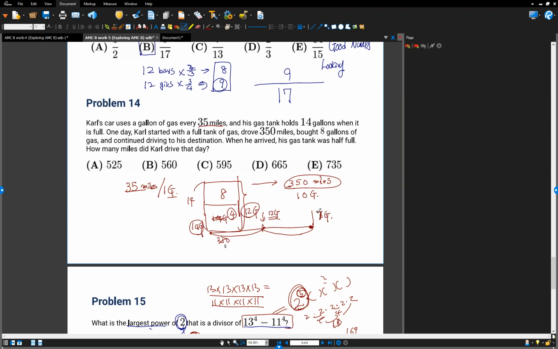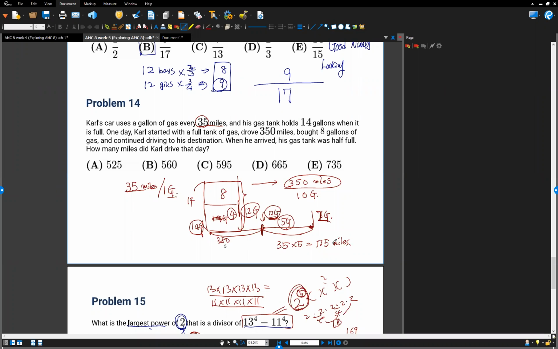So how many gallons did they use? When you start the second time, it was 12 gallons in the gas tank, but now he has 7 gallons in the tank. 12 minus 7 is 5 gallons they used, and each gallon drives 35 miles. 35 times 5 gallons, isn't it? 175 miles.